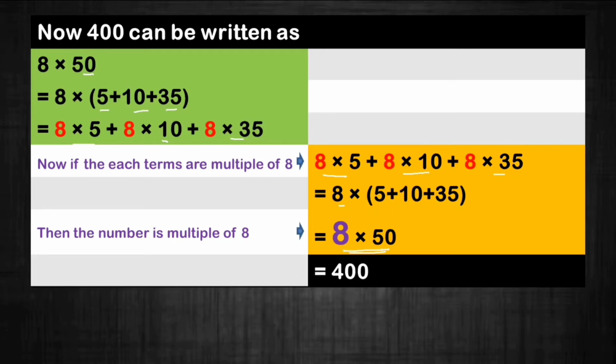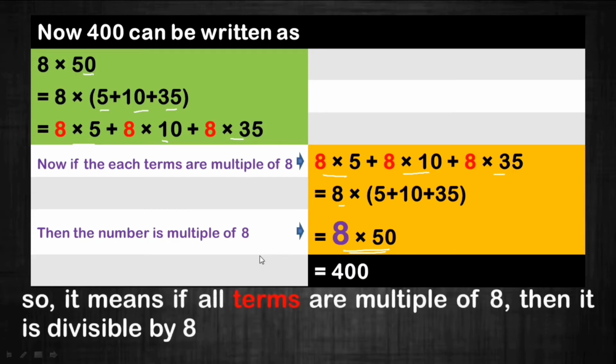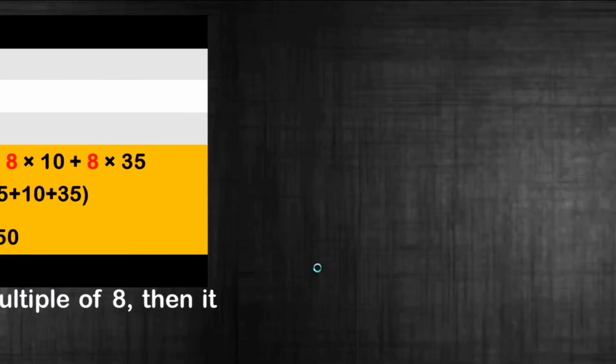This is a multiple of 8. It means if all terms are multiples of 8, then the sum will be a multiple of 8, and if it is a multiple of 8, then that number will be divisible by 8.